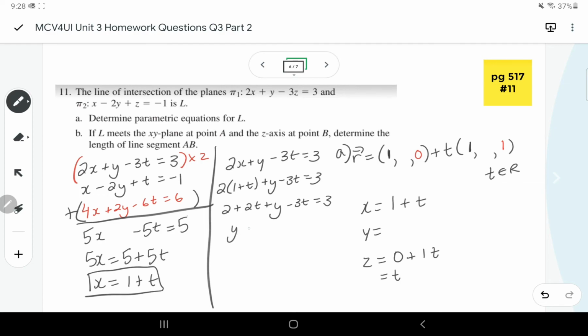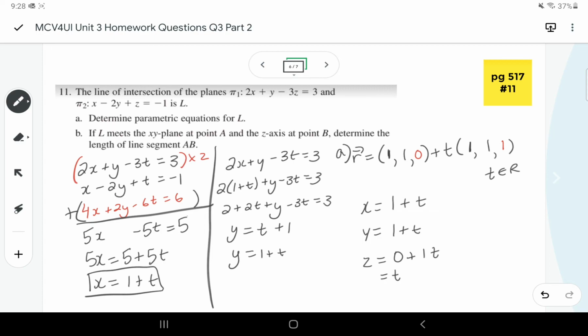So y equals, so that would be 3t minus 2t on the other side, t plus 1, or 1 plus t. So y is the same there as well. And typically these will be chosen to give you some pretty nice numbers.